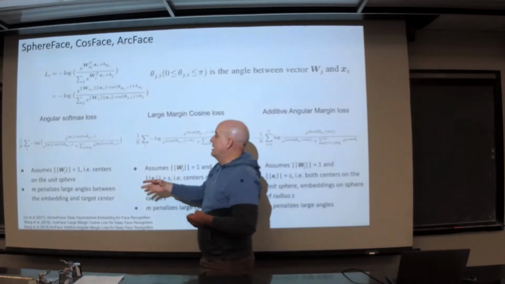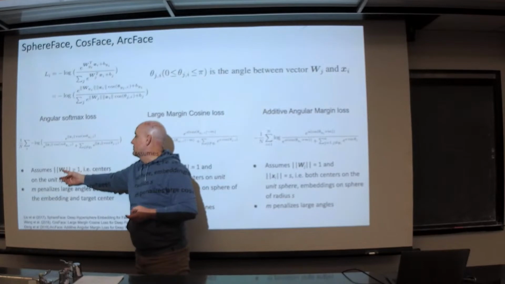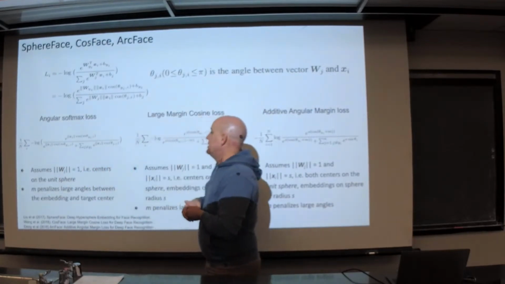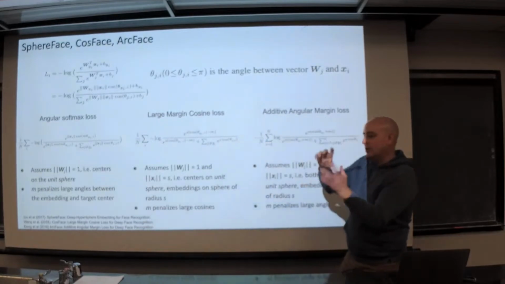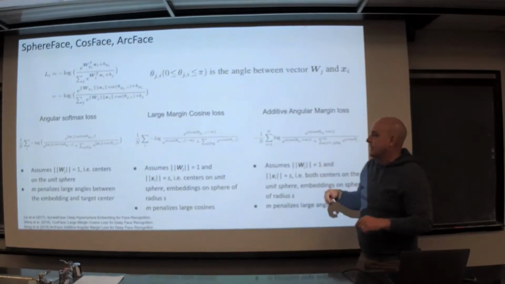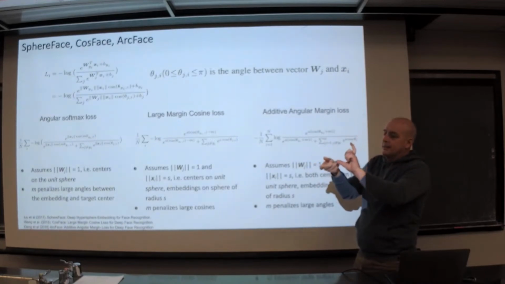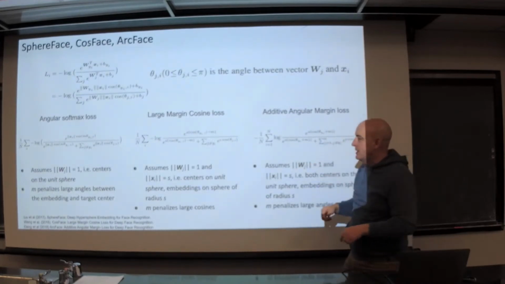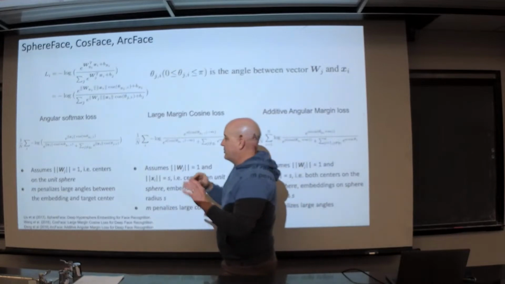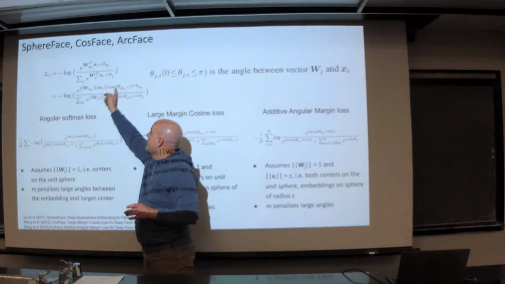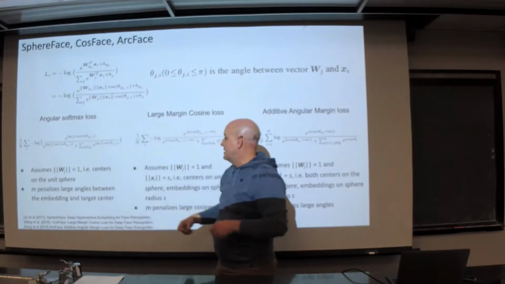So you can constrain those rows to have length 1. So what you have are just classes on the sphere. And this is why this is called sphere face, because really what you're now doing is just comparing angles between things. You're eliminating at least part of the contribution of the length of these vectors.